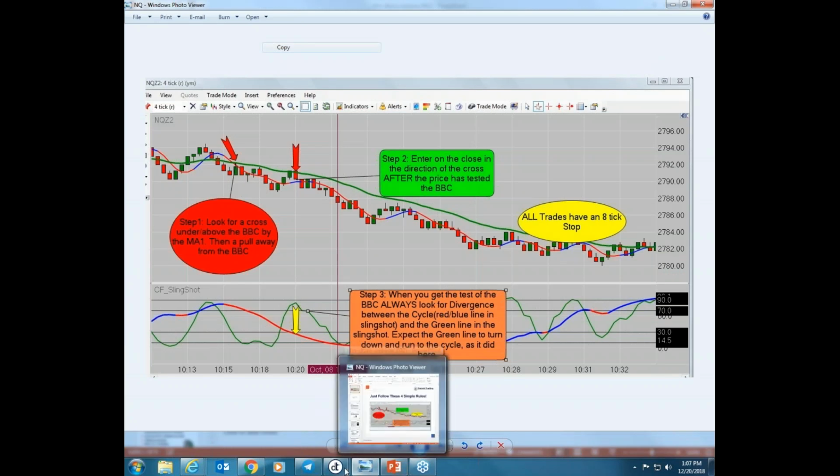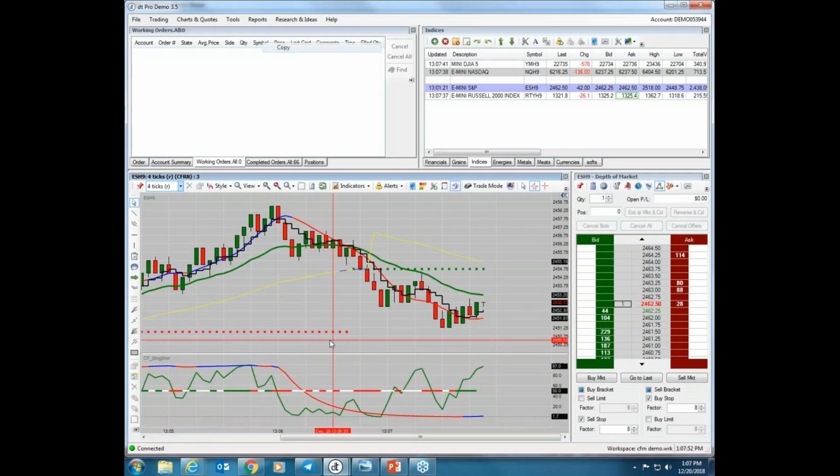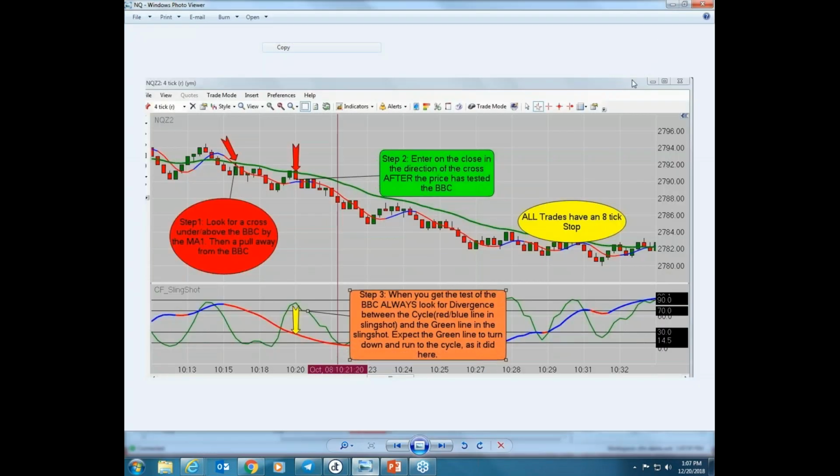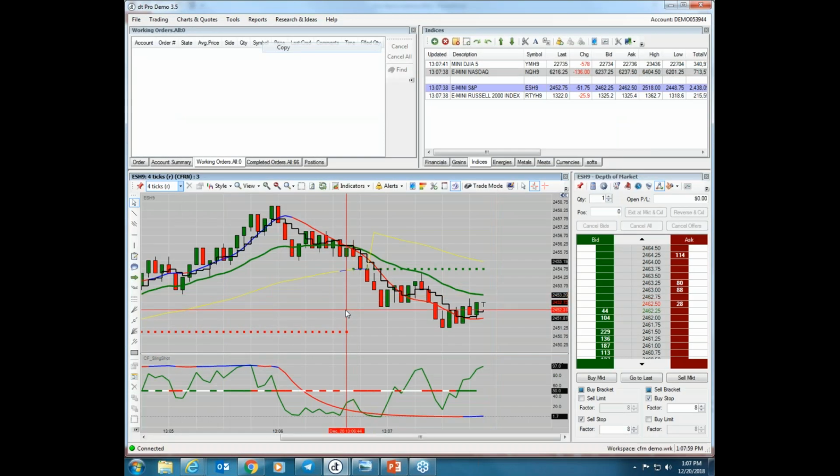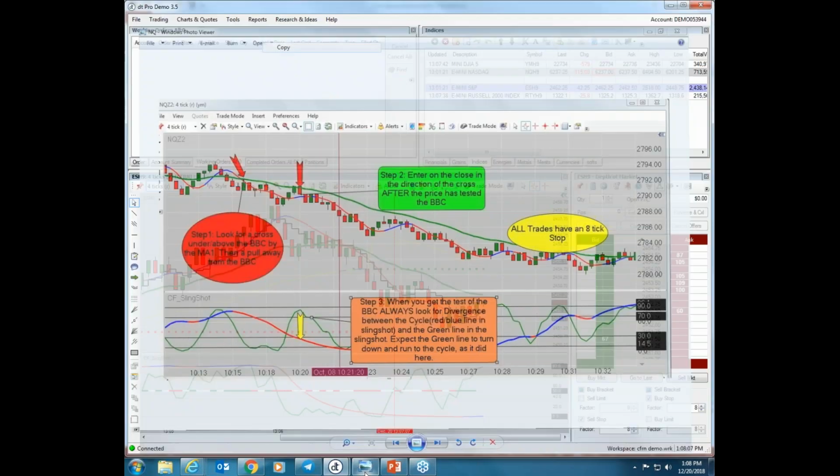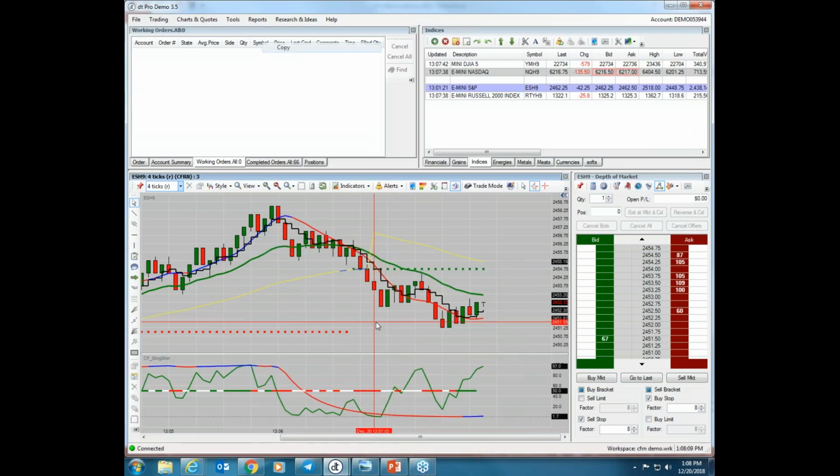And then we're going to hop into a live environment and apply those same rules. The markets are moving, so there should be plenty of action. The goal is to teach you the method in slow motion and then apply it here inside the market.